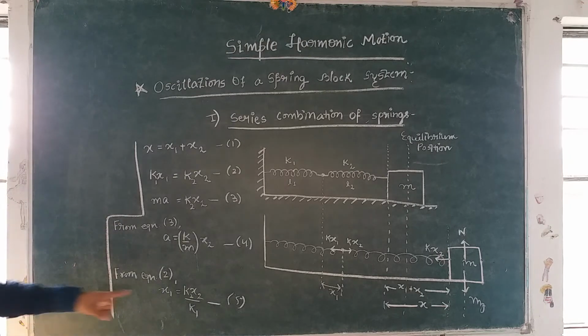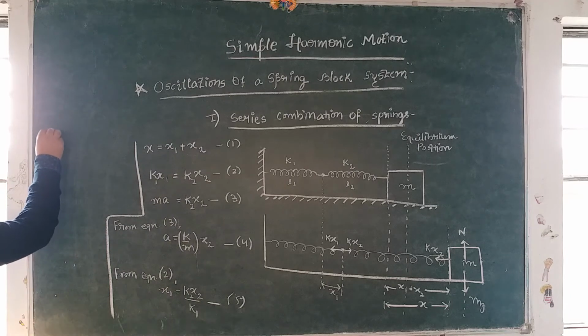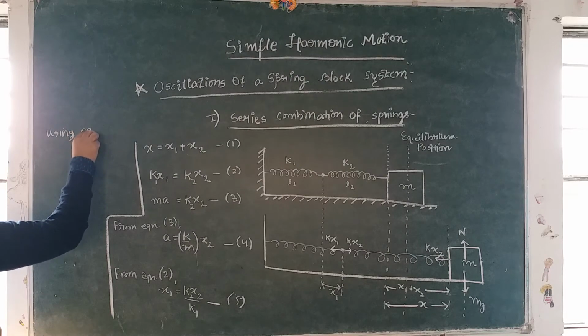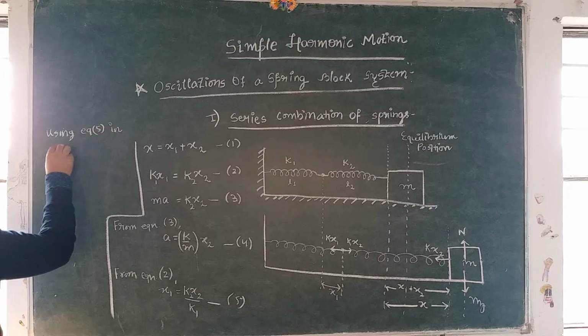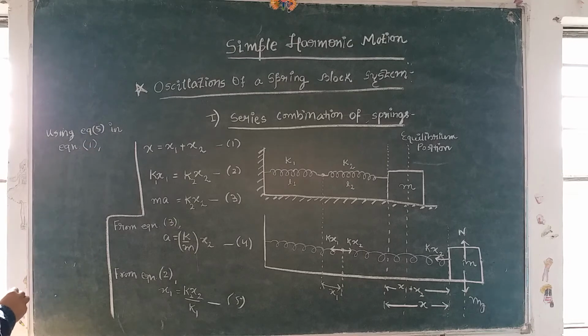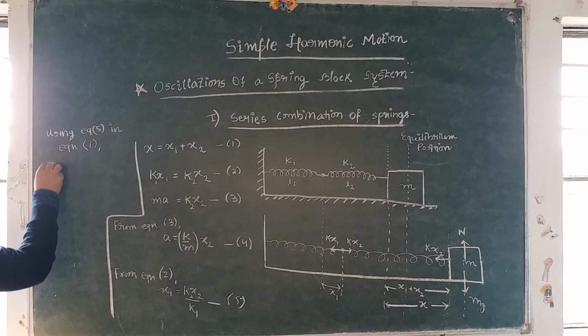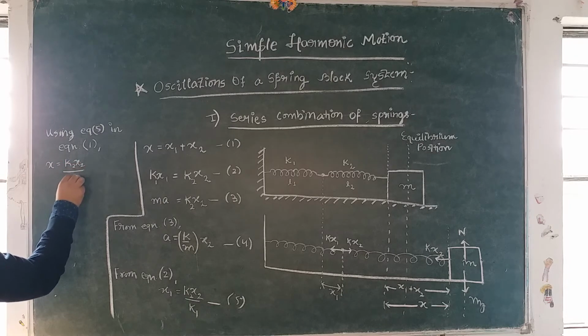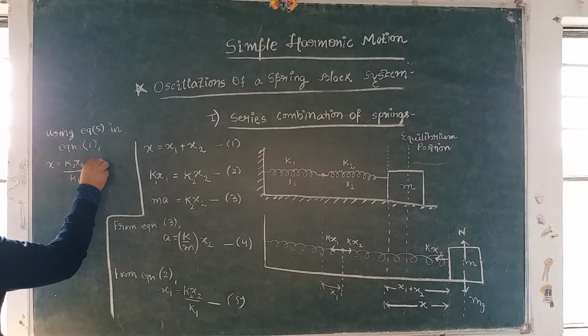So now using equation 5 in equation 1, we get what? We will have x is equal to k2 x2 upon k1 plus x2.